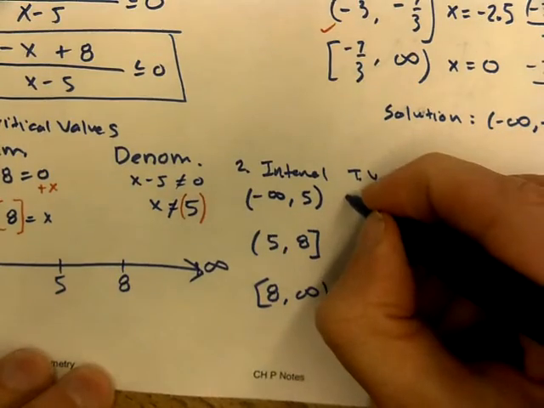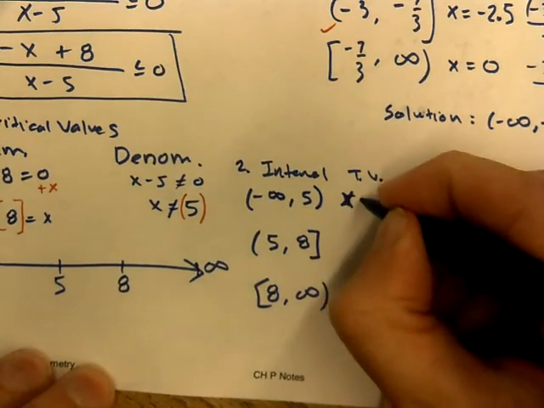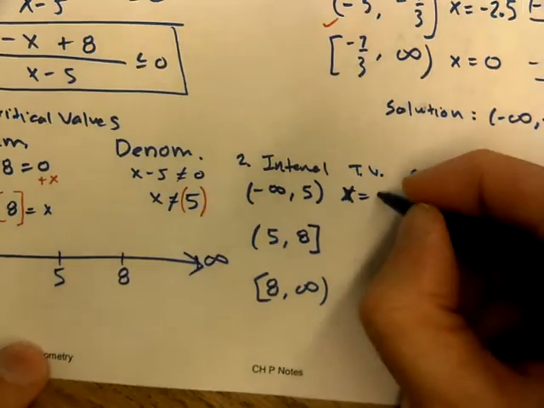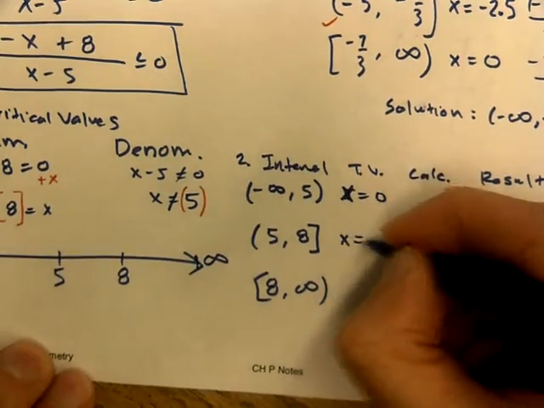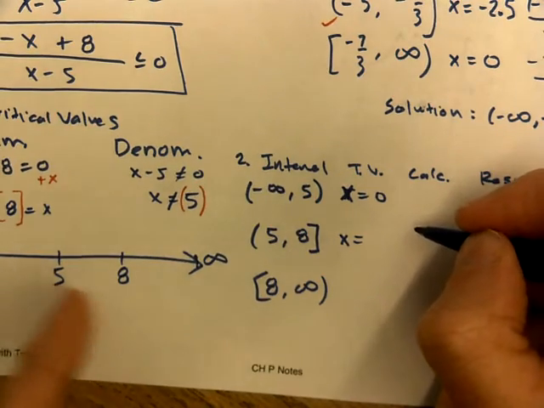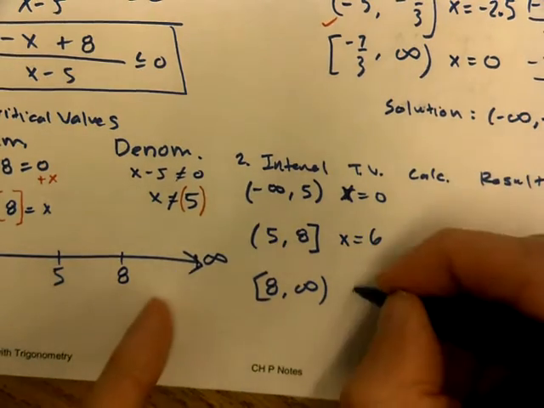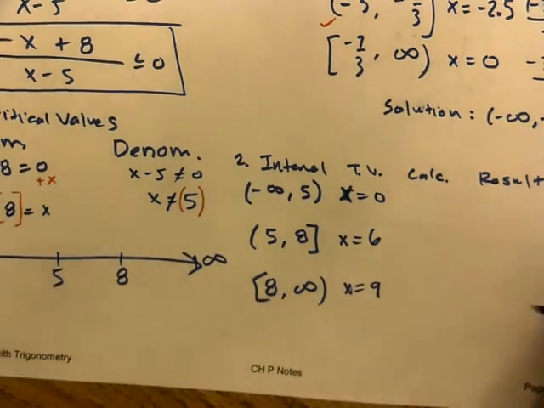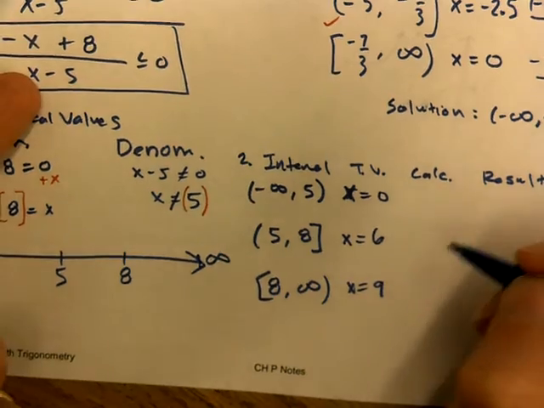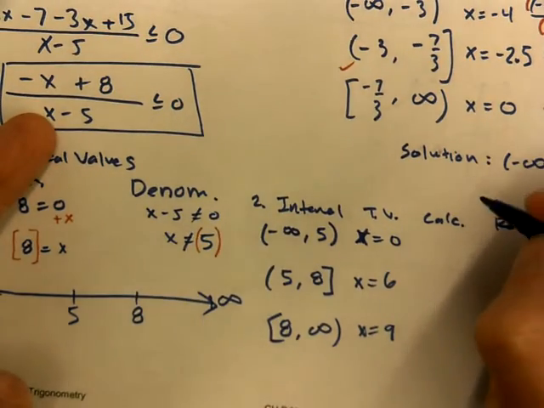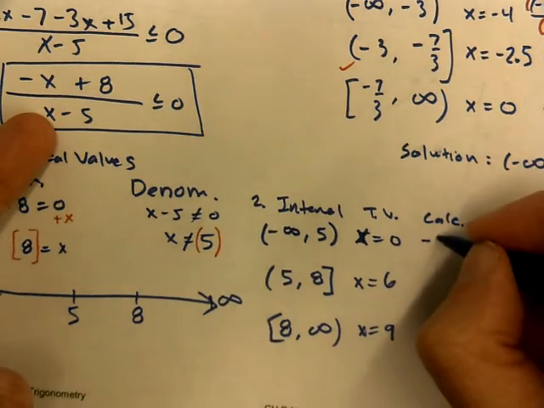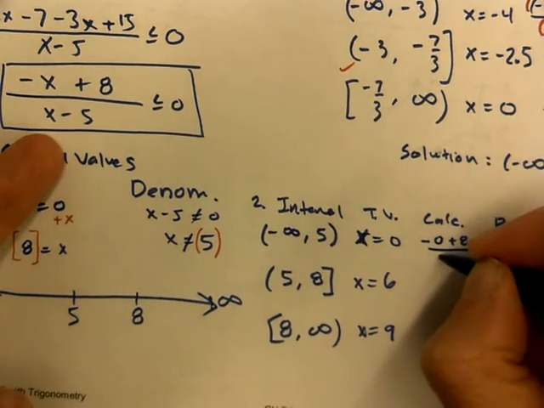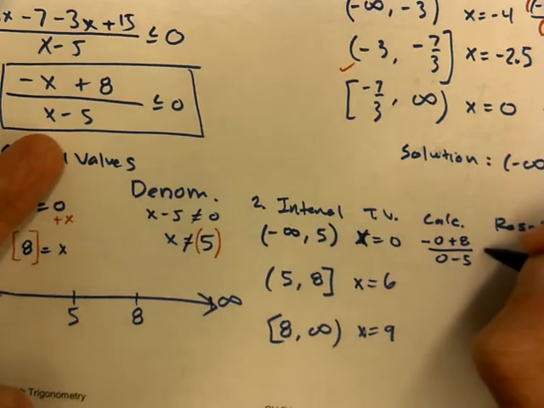So for a test value, let me pick a value of x that is somewhere in this range, and so why not use 0? Then we need to pick a value that is somewhere in this range. How about 6? And then I need to pick a test value that is somewhere in this range. How about 9? So we're going to take each of these and plug them back into our rational inequality. So I've got a negative input of 0 plus 8, all divided by input of 0 minus 5.